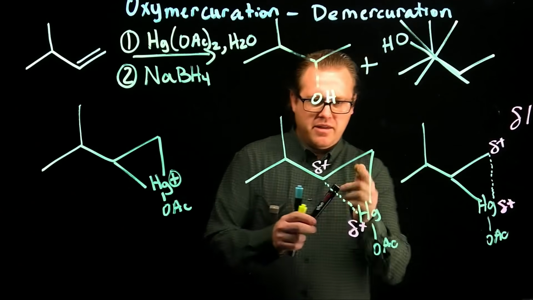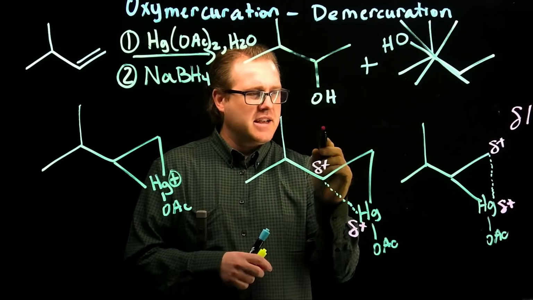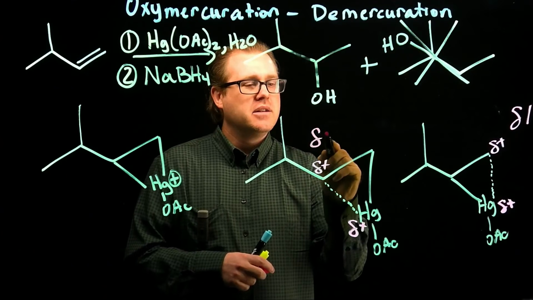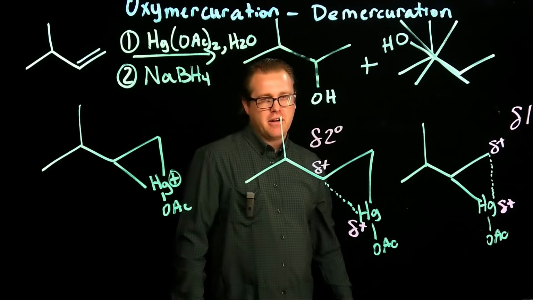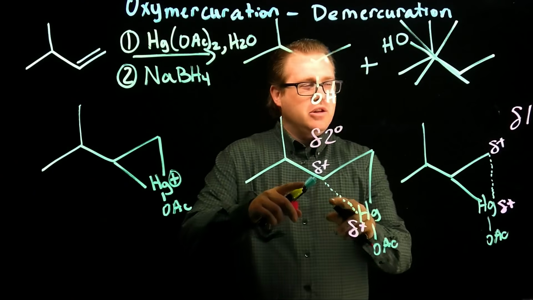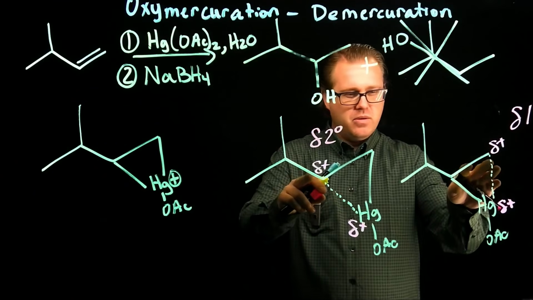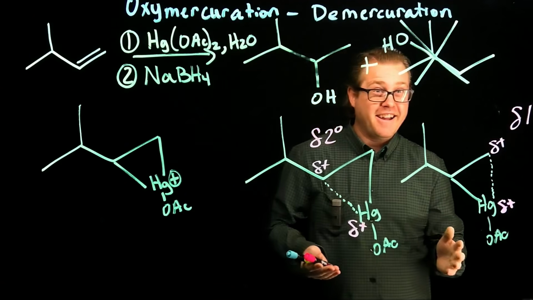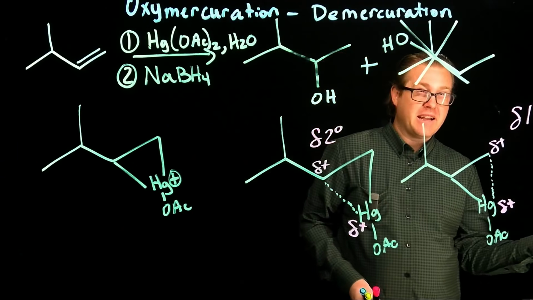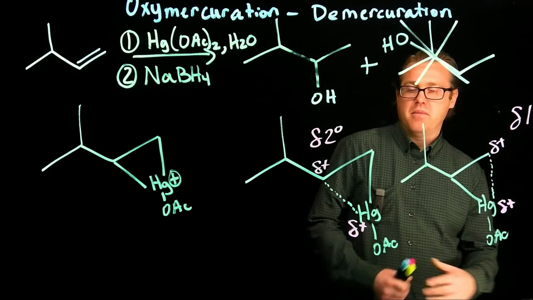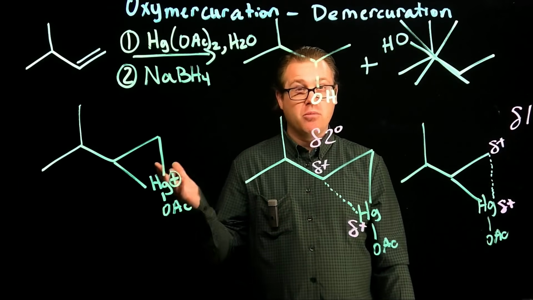But then when I take a look at this partial positive here, I could say, hey, that partial positive is kind of like a partial secondary carbocation. So when we compare these 2 scenarios, just based off of our understanding of carbocations, we know primary carbocations are very unstable, don't form, and secondary carbocations are more stable.